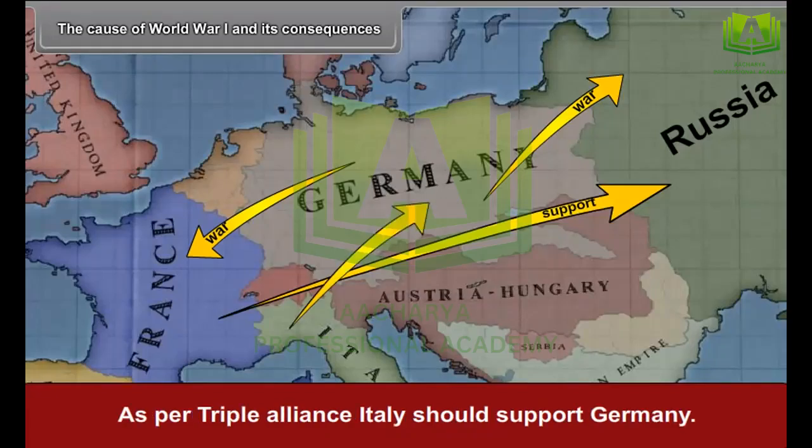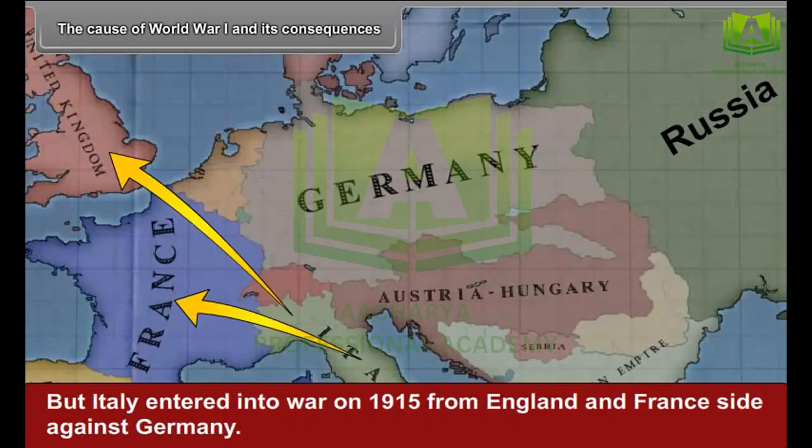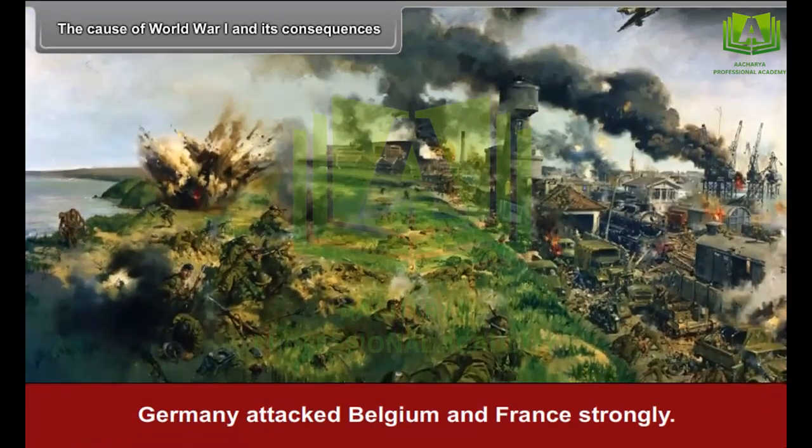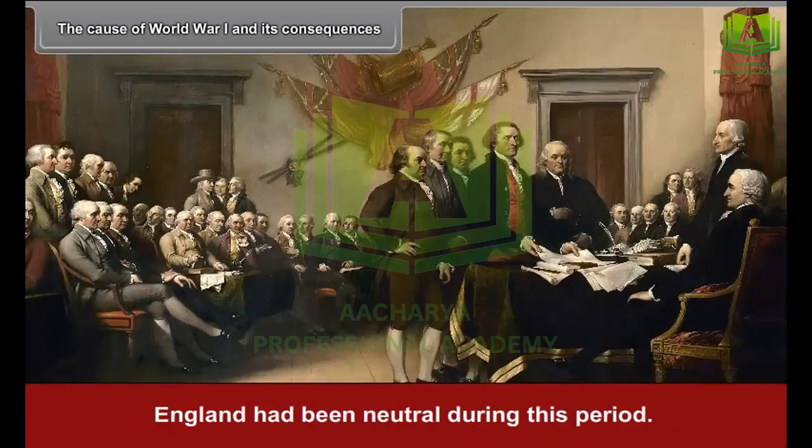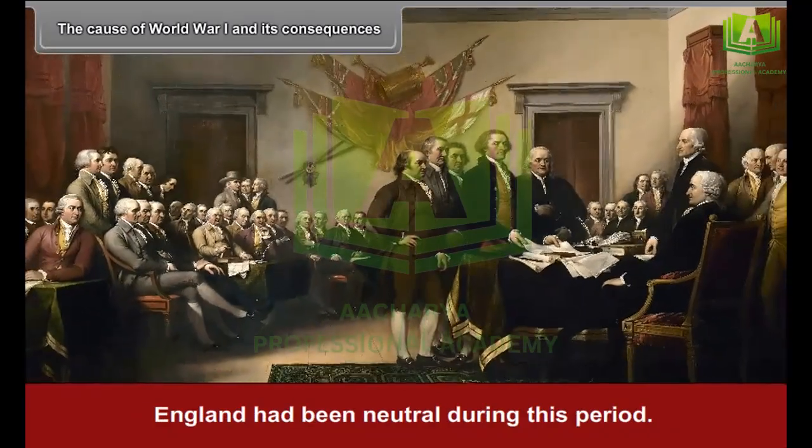As per the Triple Alliance, Italy should support Germany. But Italy entered the war in 1915 on the side of England and France against Germany. Germany attacked Belgium and France strongly. England had been neutral during this period.